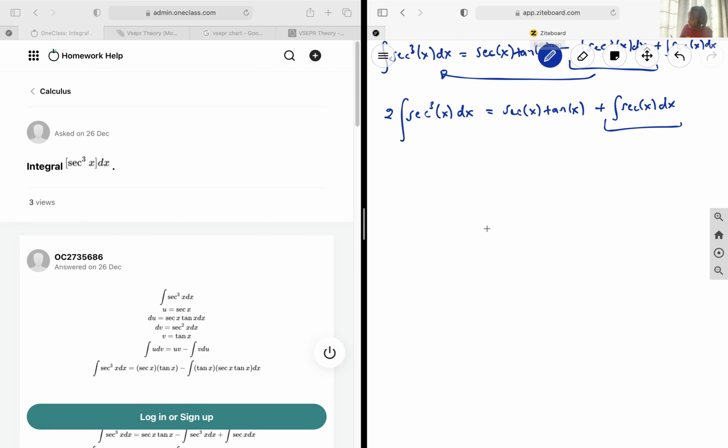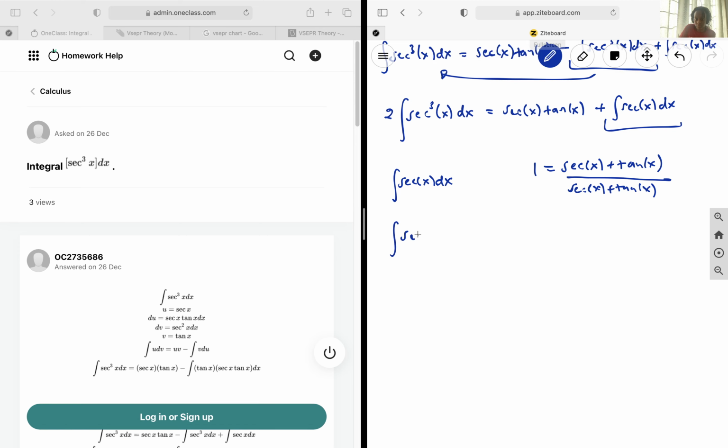And so how we can go about finding the integral of secant x dx is we will actually multiply the entire thing by tan x plus secant x over tan x plus secant x. So we're going to state simply that 1 is equal to secant x plus tan x over secant x plus tan x. So we're going to multiply this by 1.